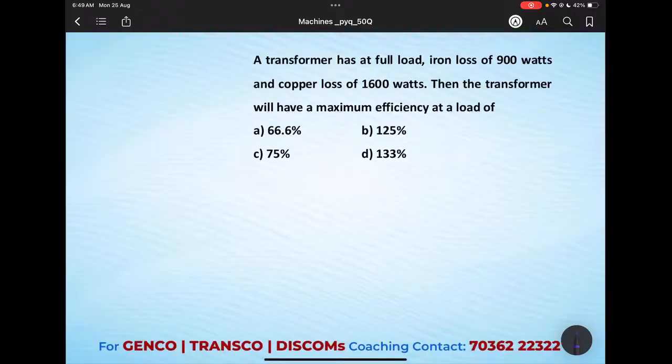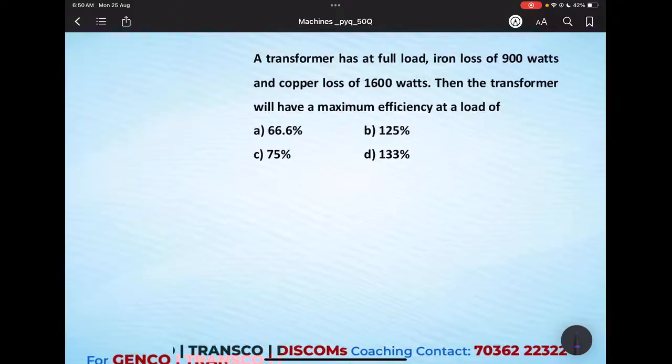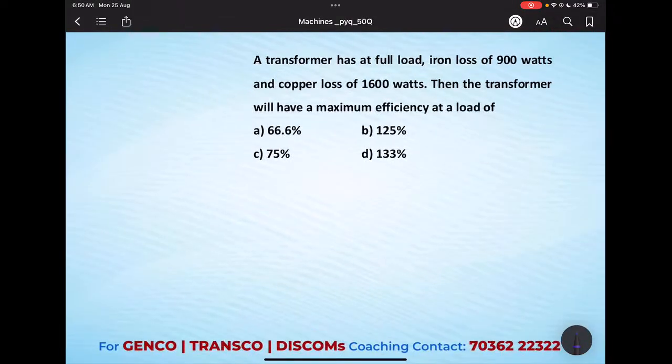The next question is about a transformer that has, at full load, iron losses of 900 watts and copper losses of 1600 watts. Then the transformer will have a maximum efficiency at a load of what? Okay, so we'll write the concept on which the question came.